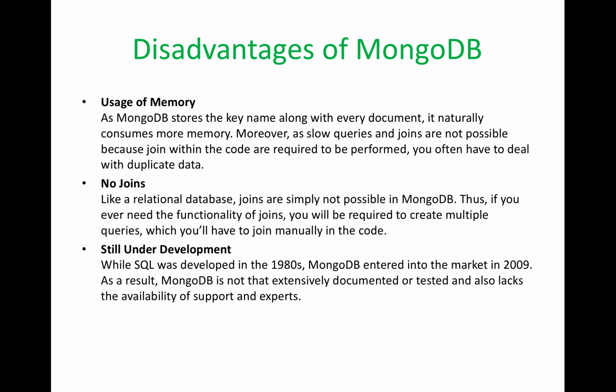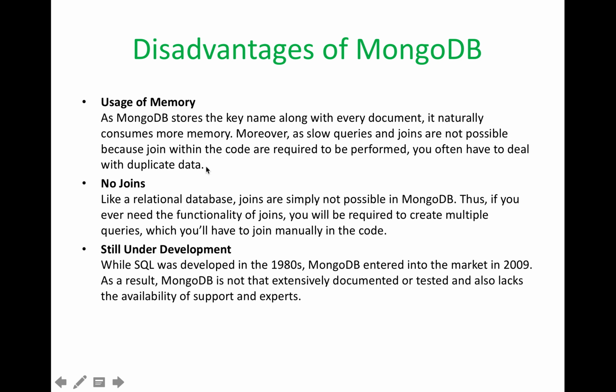Disadvantages of MongoDB. It uses a lot of memory. MongoDB stores the key name along with every document, so it naturally consumes more memory. Also, slow queries, since joins are not possible because joins with the code are required to be performed.